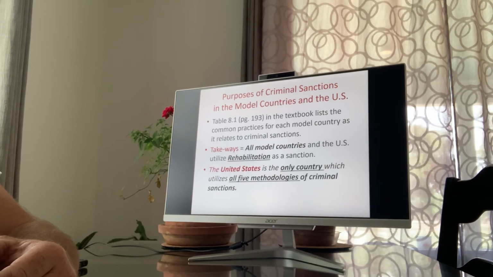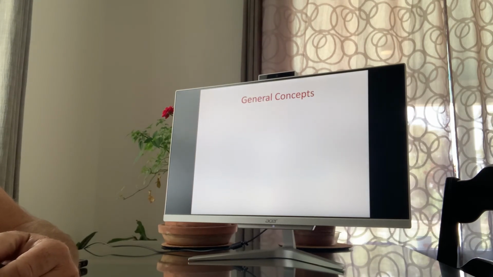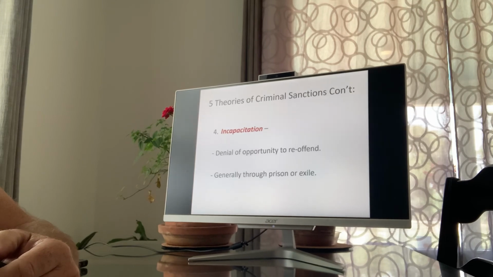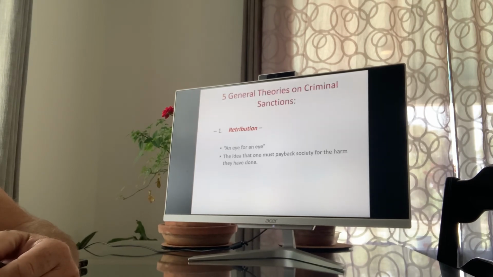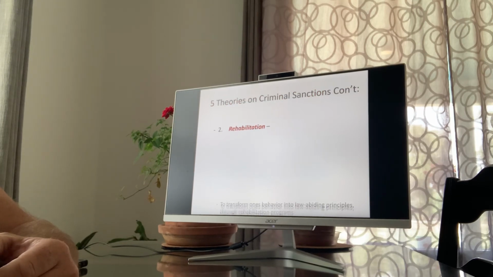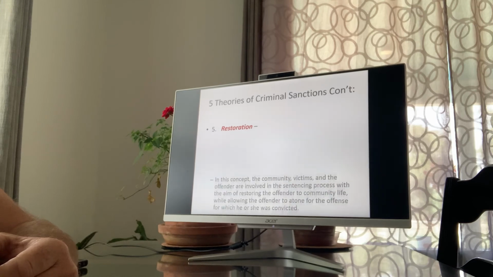The United States is the only country which utilizes all 5 methodologies of criminal sanctions, all 5 that we just previously talked about: restoration, incapacitation, deterrence, rehabilitation, and retribution. All 5 are utilized in some way, shape, or form in the United States.